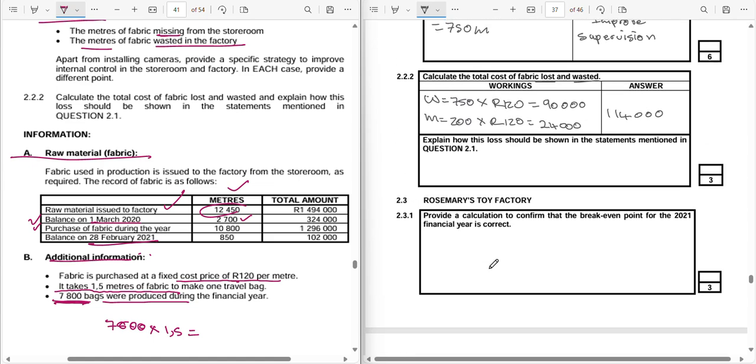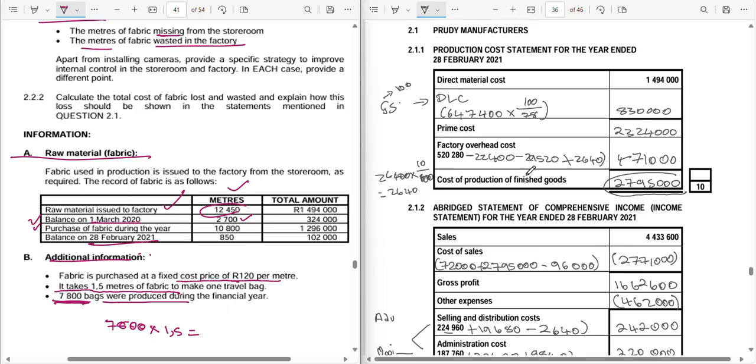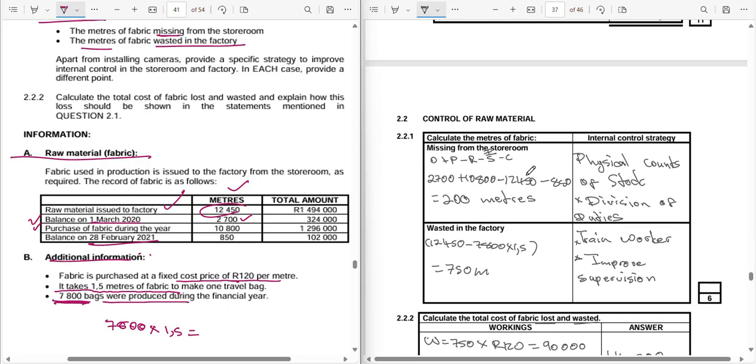They are saying explain how this loss should be shown in the statement mentioned in 2.1. Let's go to 2.1 and see. The statement that we have there is the income statement.